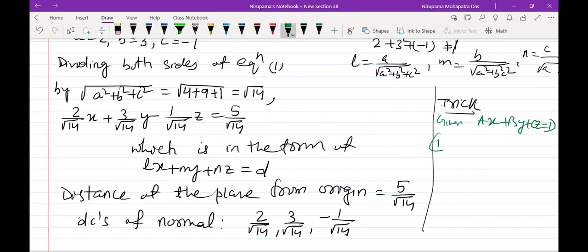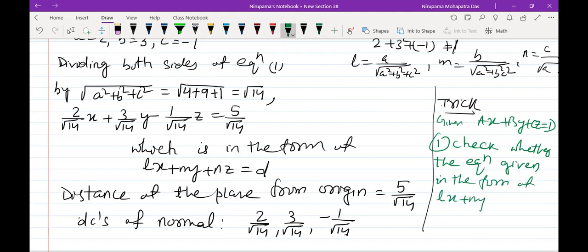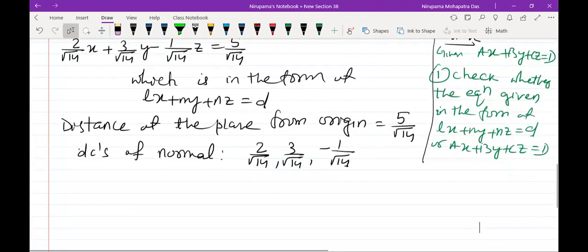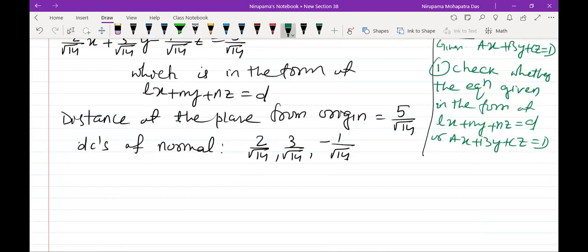Step 1, you have to check whether the equation is given in the form Lx plus My plus Nz equal to D, or Ax plus By plus Cz equal to D. To check that, you have to take the sum of the squares of the coefficients of x, y, z.